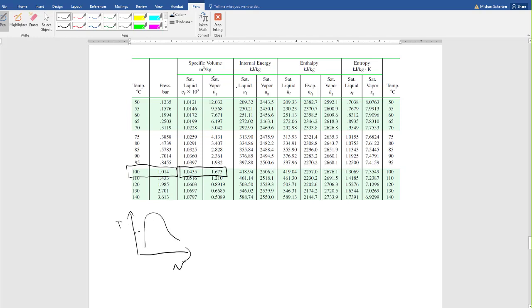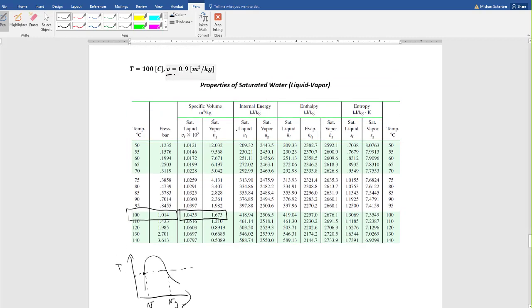For this given temperature, 100 degrees, I know that this value here is going to be vf, and this value here is going to be vg. So this is two-phase if my value here, which is 0.9, is in between these two values.